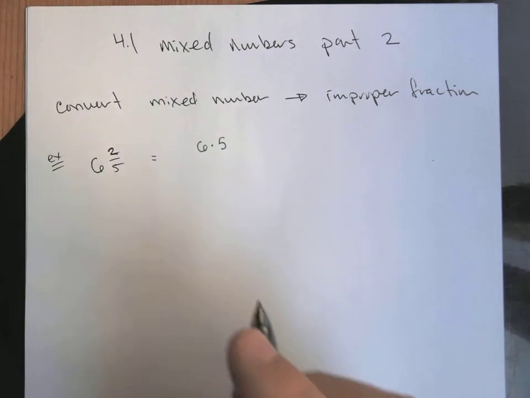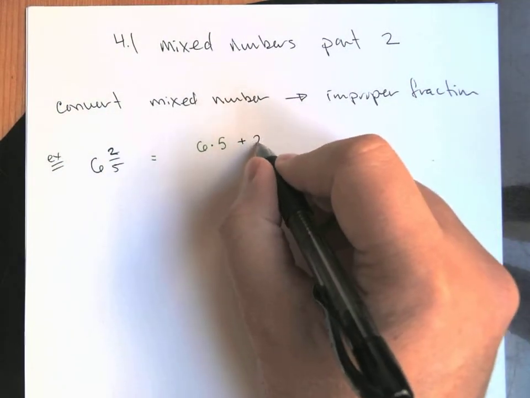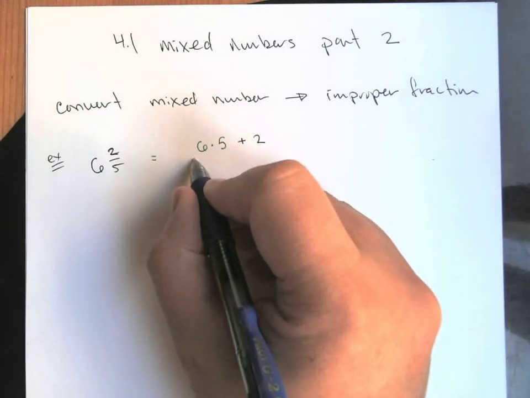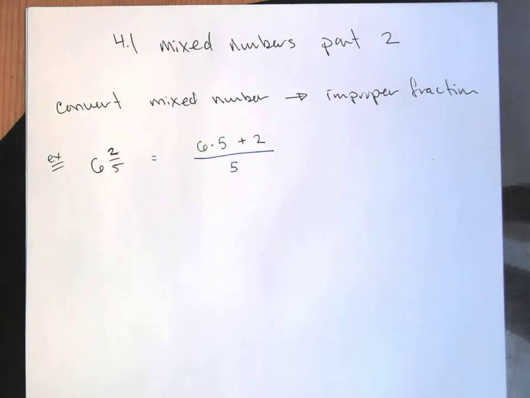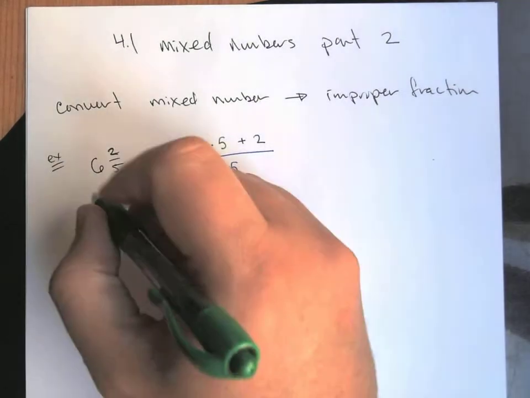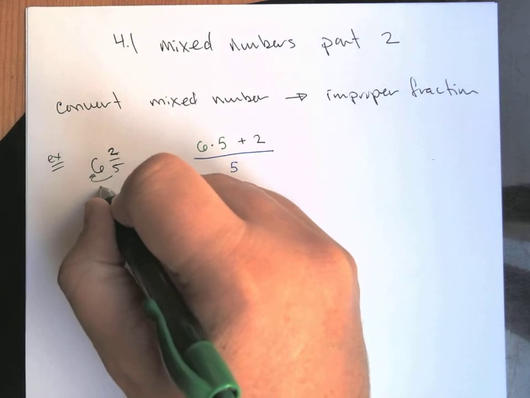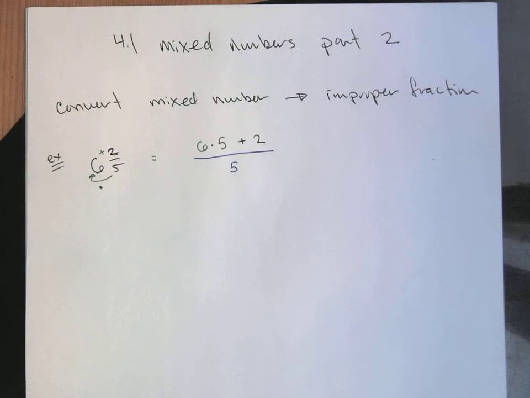And then you're going to add to that the other parts that you already had, so plus the 2 up top. And then the whole thing is divided by the original denominator, which is 5. I sometimes think of this as a little bit of a swoop around, right? So 6 times the 5, and then you add it to the 2.